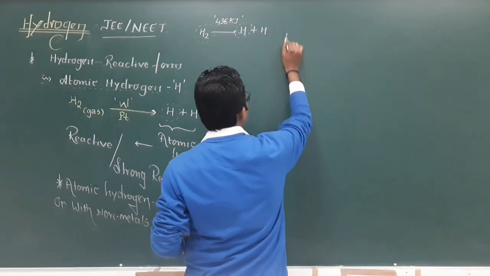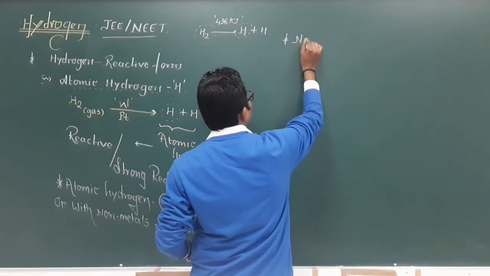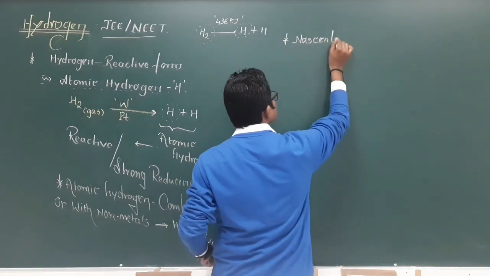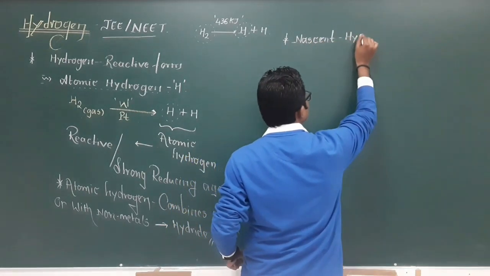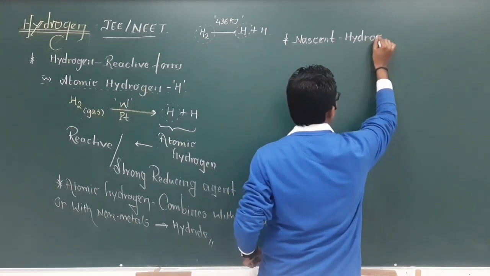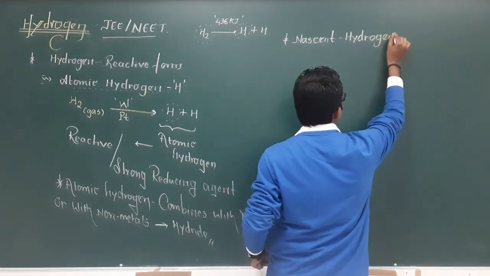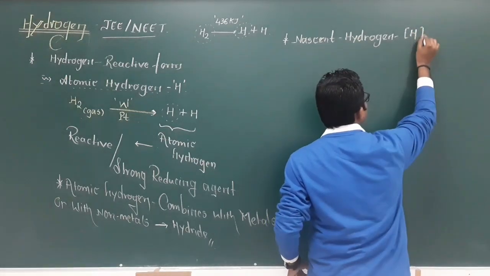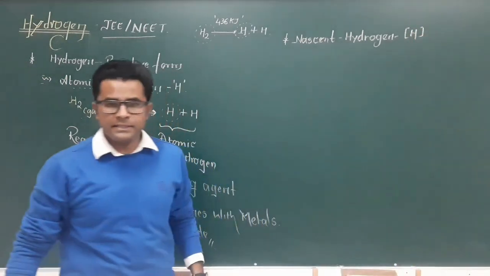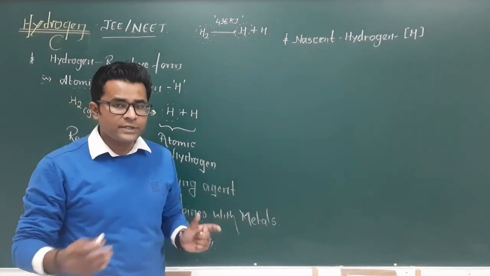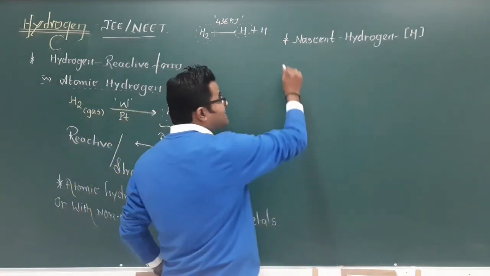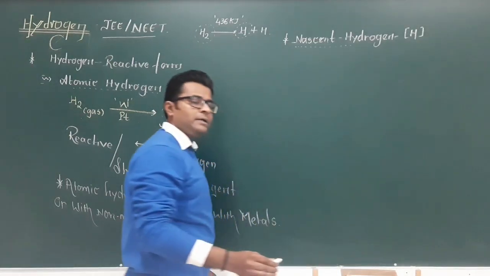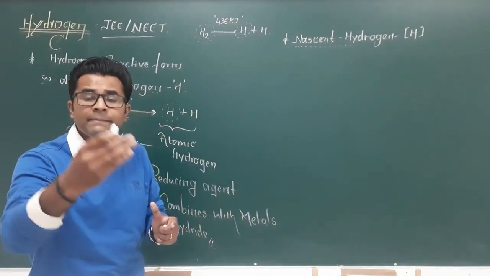Now, taking a look at the next section, that is what we call the nascent hydrogen. The first thing that you have to understand is that this hydrogen is usually represented in brackets like this. That is nascent hydrogen. Nascent hydrogen means that this hydrogen is just born. It is a byproduct of a chemical reaction.